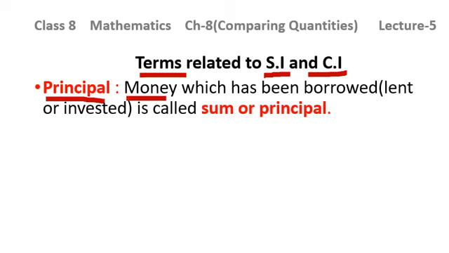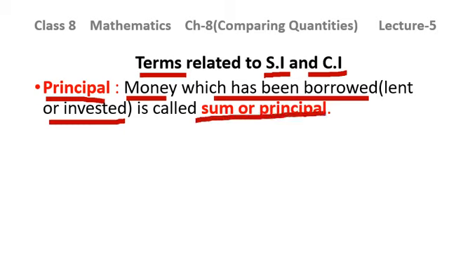Money which has been borrowed, lent or invested. The money which is being borrowed by you or by someone, or lent or invested, that amount is called sum or principal. You can say sum also, and you can say principal also.